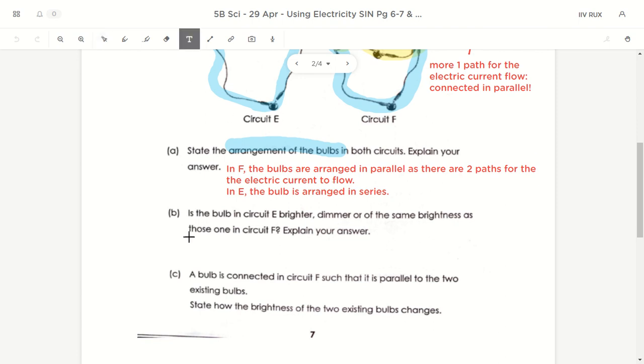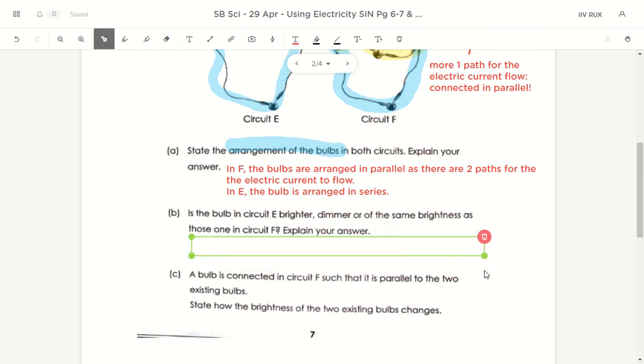So, question now: is the bulb in E brighter, dimmer, or the same brightness? It is actually the same brightness. Why is that so?